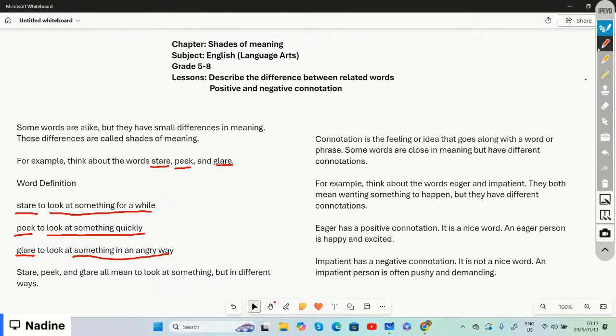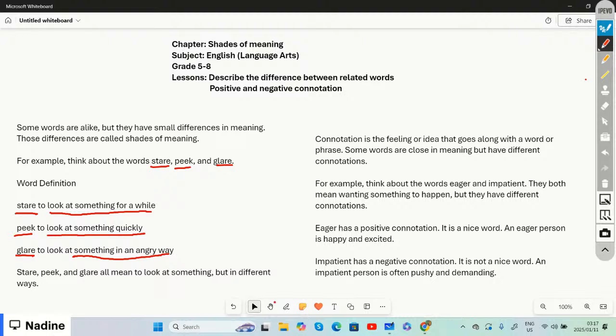Right? Then we have connotations. We have negative connotations and we have positive connotations. And when it comes to connotations, right? Yes, I glared at my brother as he ripped my drawing apart.